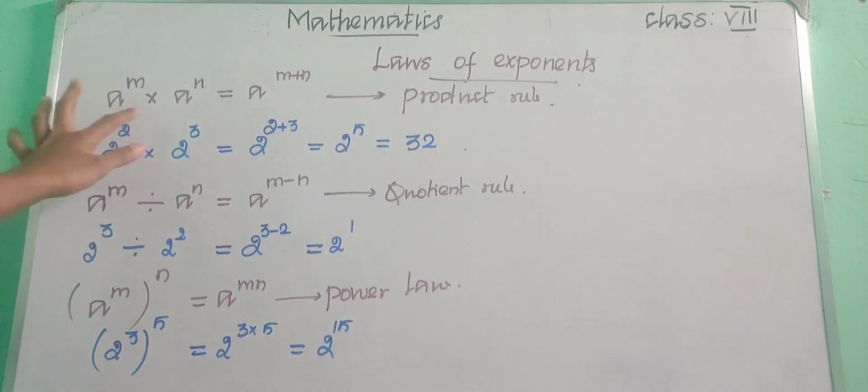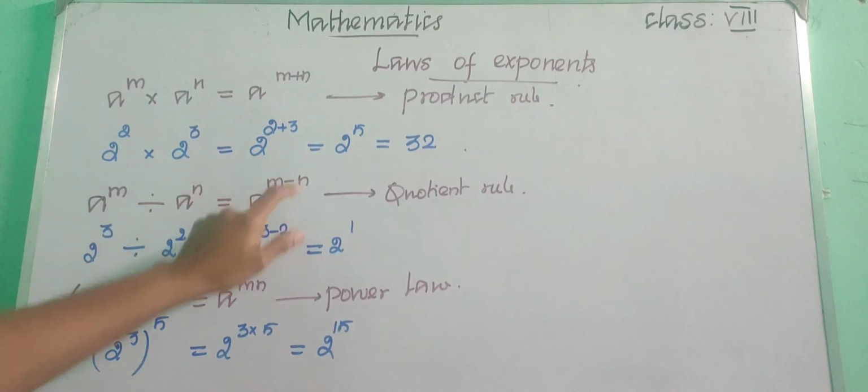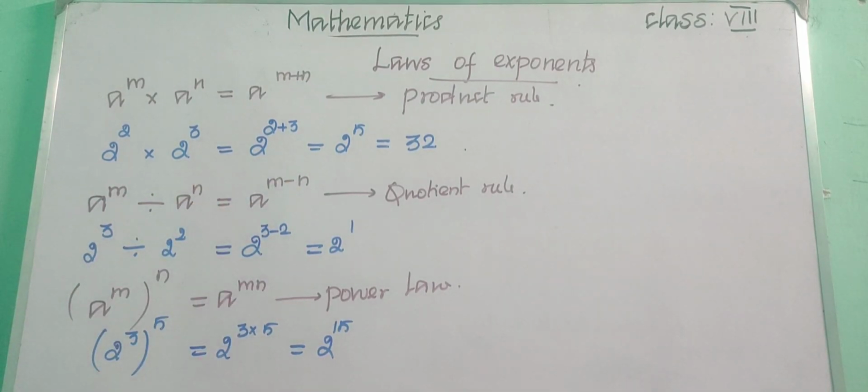If there is multiplication symbol, we need to add the powers. If there is divide symbol, we need to subtract the powers. That is called quotient rule. And what is the power law? A power m, the whole power n. If you are having two powers, we can write it as a power mn. It is called power law. Okay, children.